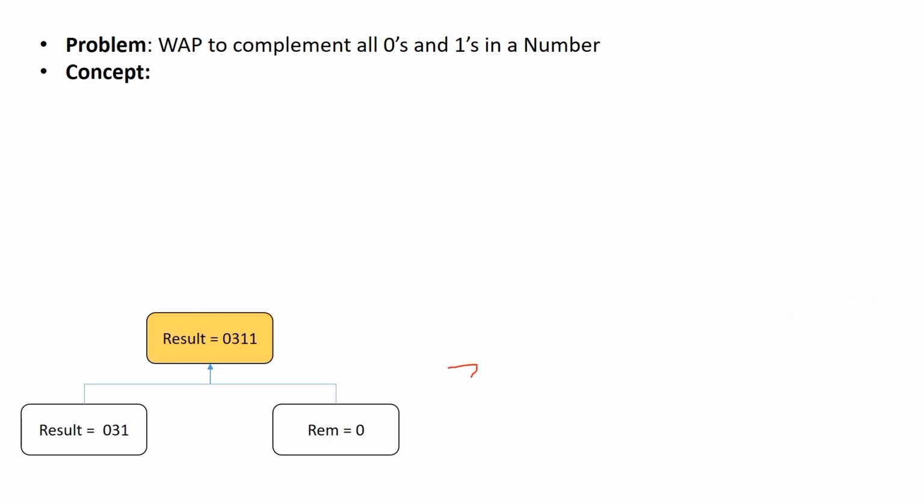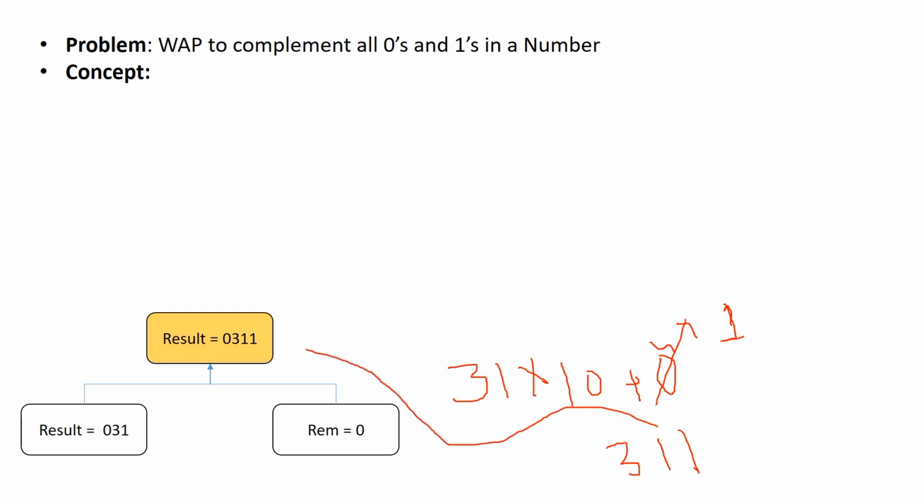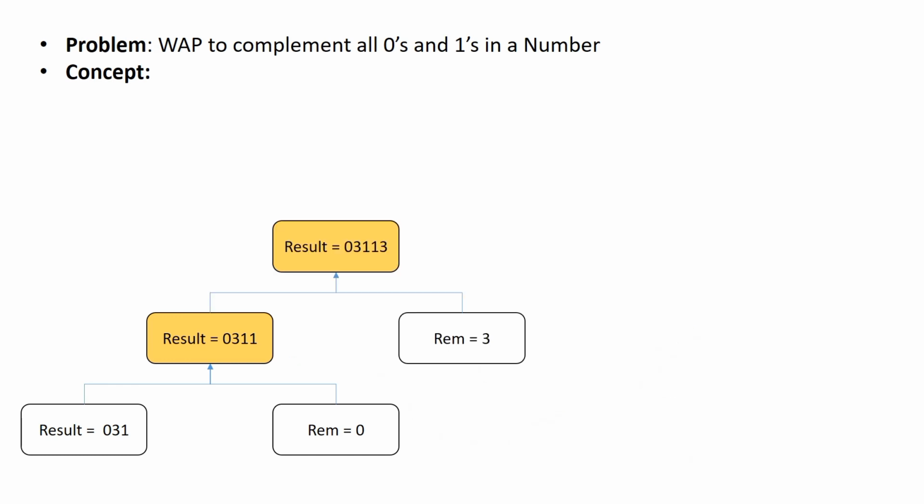So 31 into 10 plus the complement of 0, which will be 1. Now it will be 3, 1 and 1. Similarly 3, 1, 1 into 10 plus, since it is not 0 or 1, we keep it as it is. We get 3, 1, 1, 3.